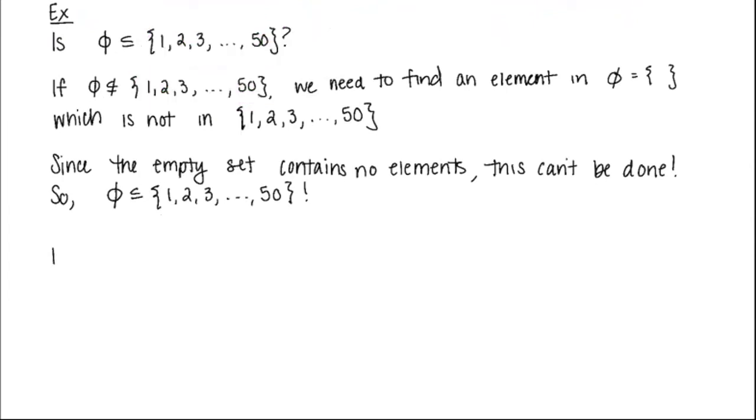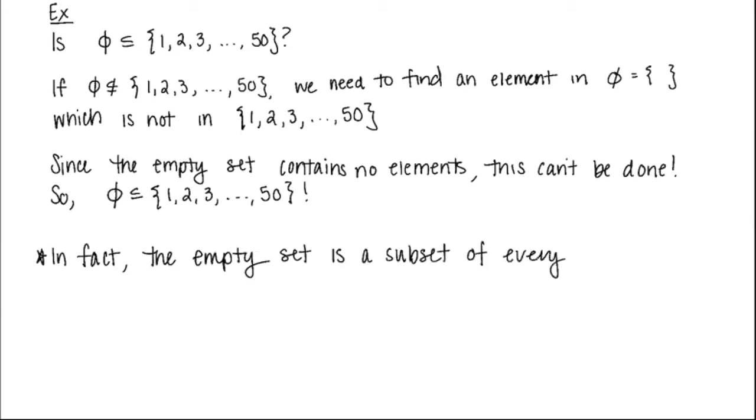So in fact, the empty set is a subset of every set. Every single set. If I start with the empty set in my subset notation, it is a subset of everything. Okay.